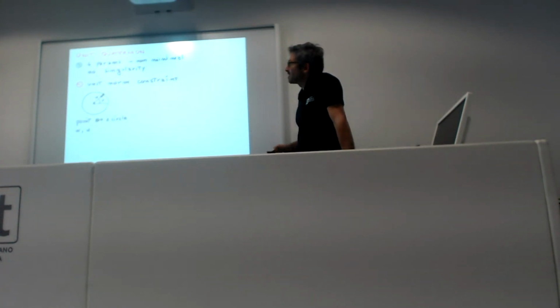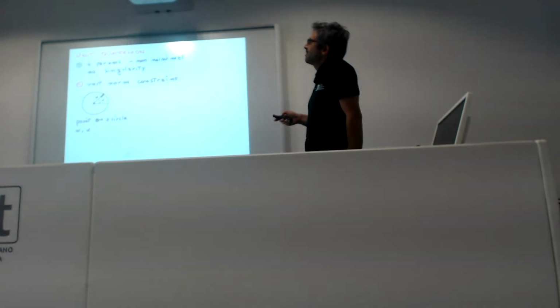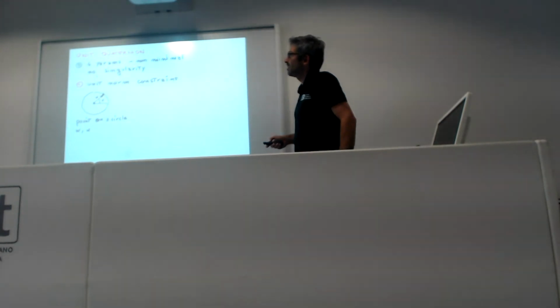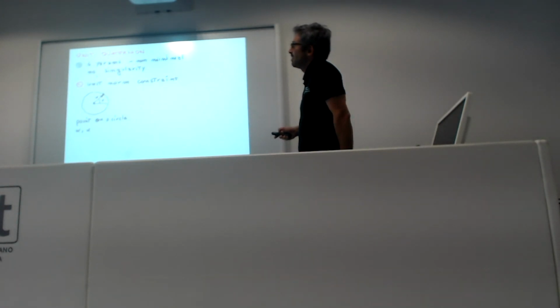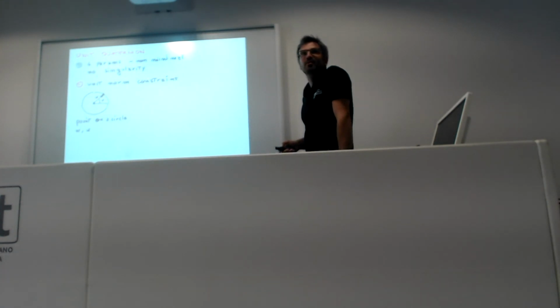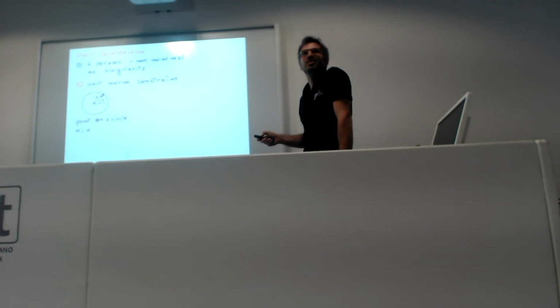Try to think about an intuition for the unit quaternion, thinking about how you define a point on a circle. What do you need to define a point on a circle in polar coordinates? R and theta, so the radius and the angle.